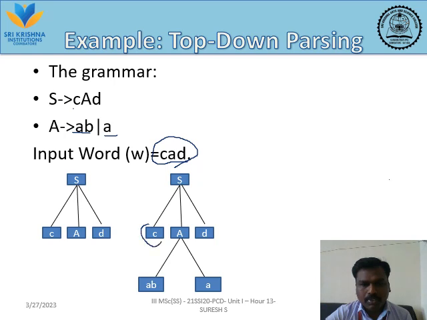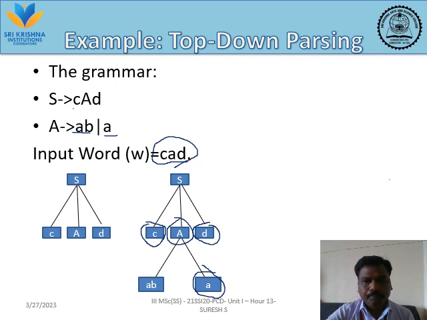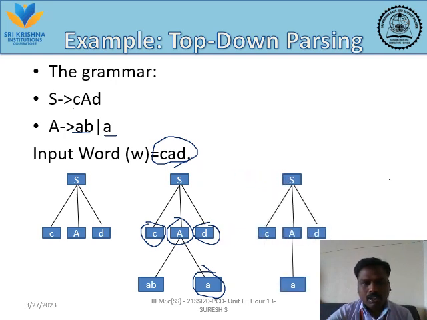First we take C, and then instead of A, if we take the second alternate, we get the matching input word given in the example. Next, consider the case where the first alternate does not match the input symbol, but the second alternate does.